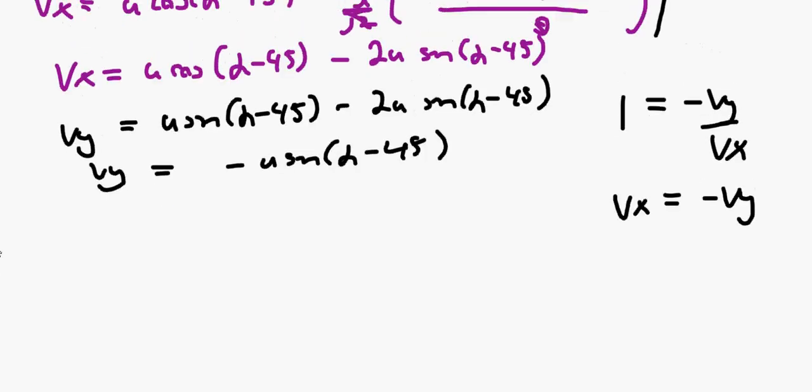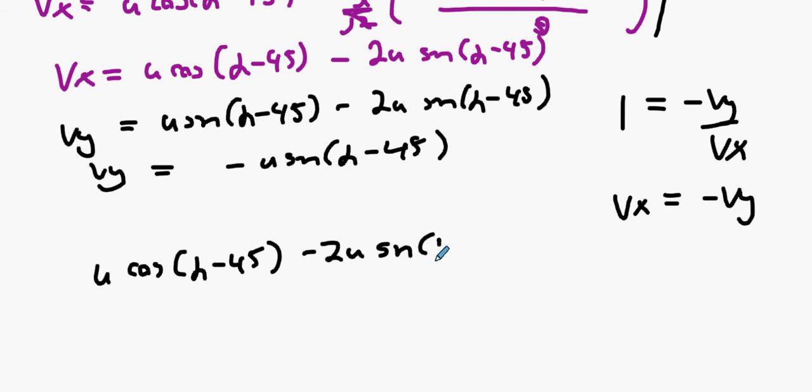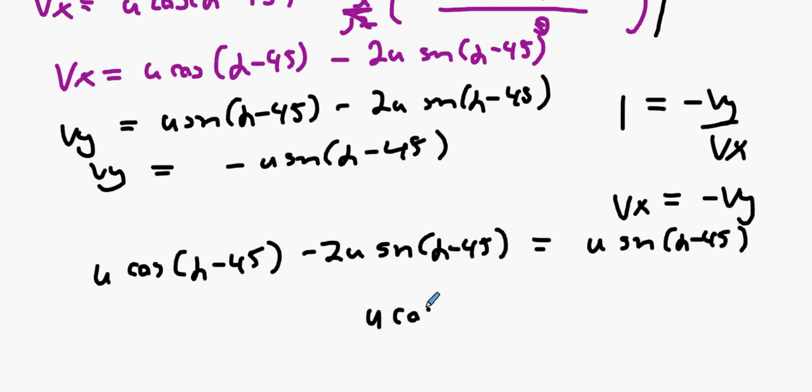This implies that u cos(alpha minus 45) equals 2u sin(alpha minus 45). Oh, sorry, no. It equals u sin(alpha minus 45). Now we're in business. Very much in business. What happens next?